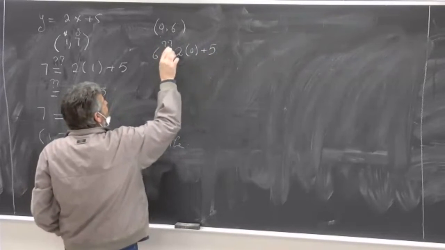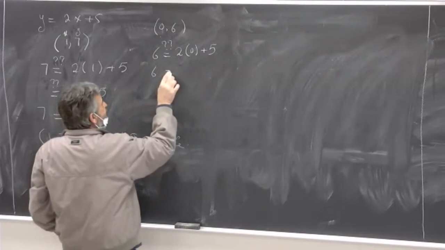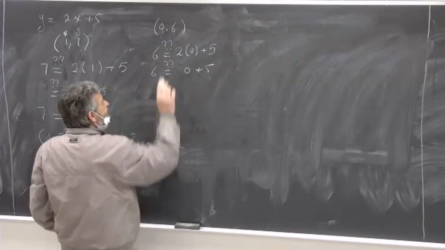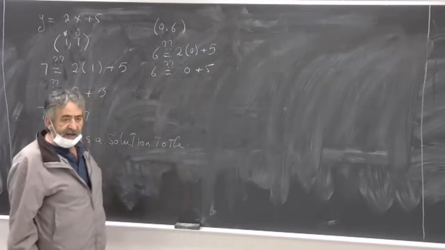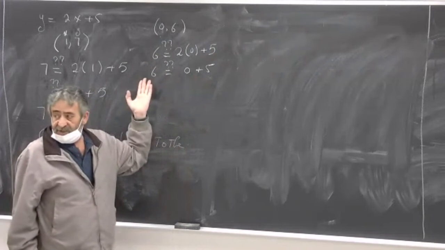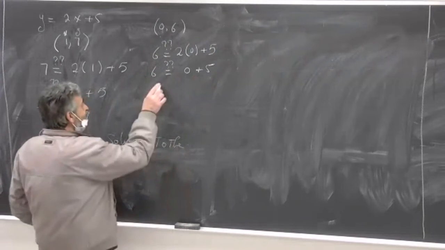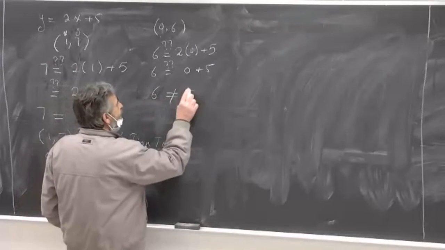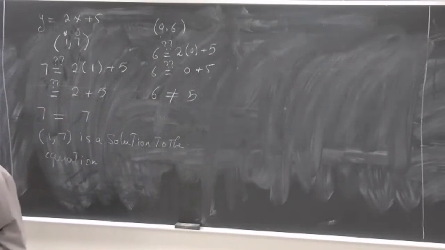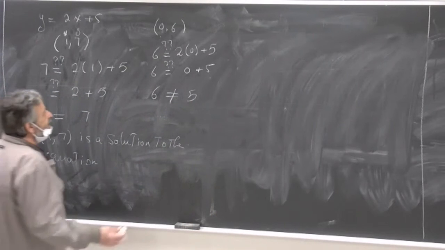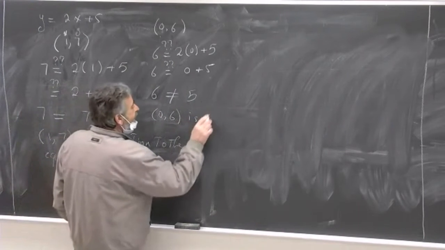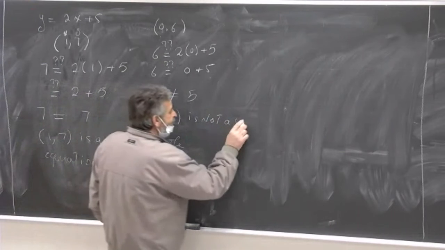I'm going to put my question mark. 6 equals 0 plus 5. Now, what's 0 plus 5? 5. Is 5 equal to 6? So my conclusion is 6 does not equal 5. Now what does that tell me? That tells me 0, 6 is not a solution.